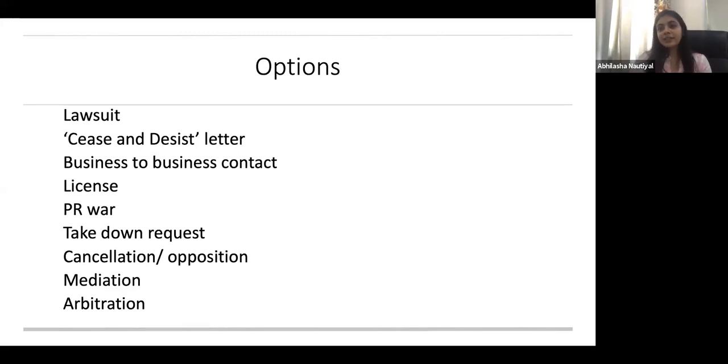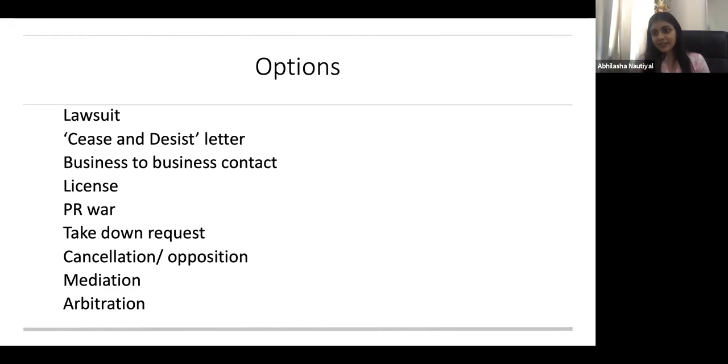But a cease and desist letter may, on the other hand, prompt them or give them a warning to go underground or to suspend activity or to disguise the activity even further. So in certain facts, you may not want to start with a cease and desist letter where it could be counterproductive to what you're looking at.